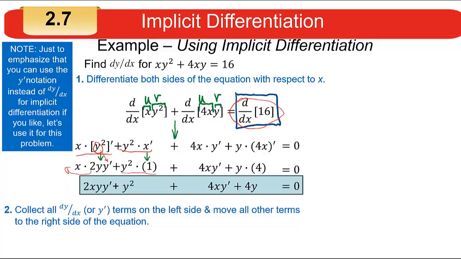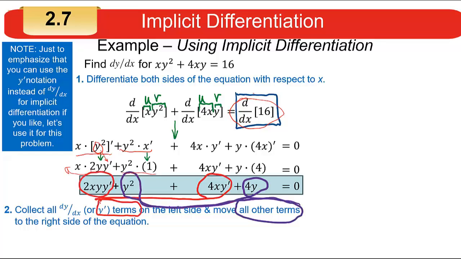The next step is to collect all these dy over dx, or y prime in this case, terms on the left, and then move everything else that doesn't have a y prime in it to the right. So if you see this, you can see there are two terms that have y prime in it, and there are two terms that don't. The two terms that have y prime in it stay on the left.